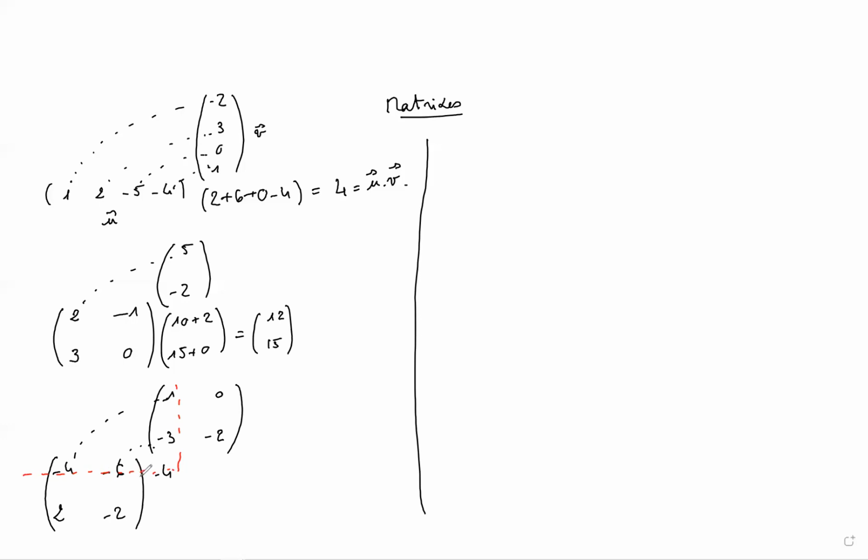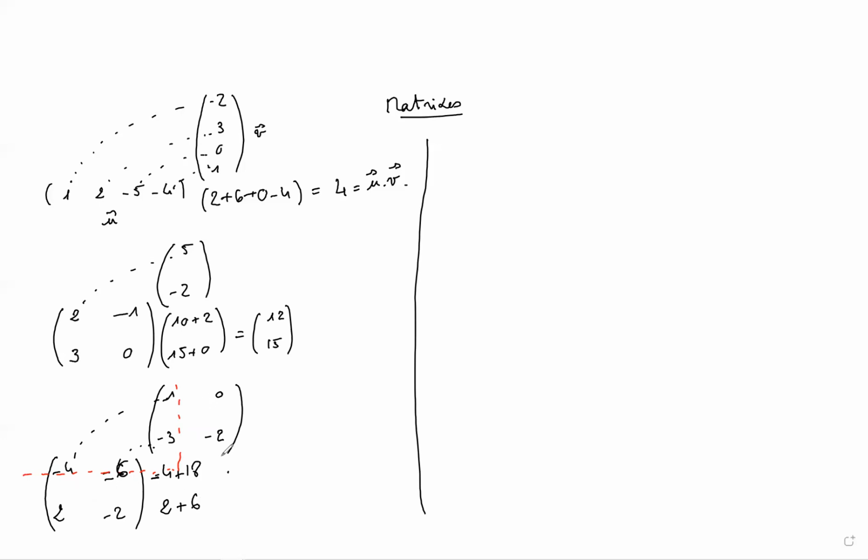So this is minus 2 times, this was minus 6, I'm sorry. Minus 6 times minus 3, I get plus 18. Here, 2 times 1 is 2, and minus 2 times minus 3 is 6.